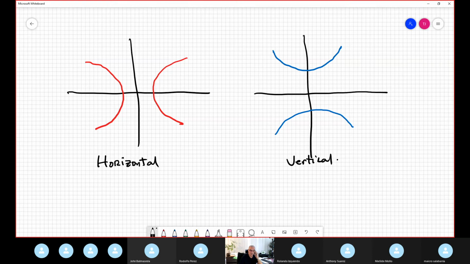actually, we have two axes of the hyperbola. This is the hyperbola we are talking about. We have two axes. The most important axis is this one, the transversal axis.